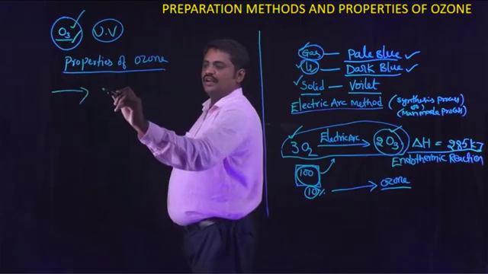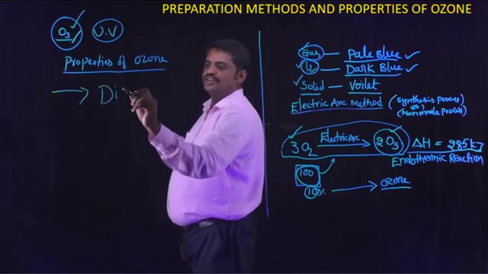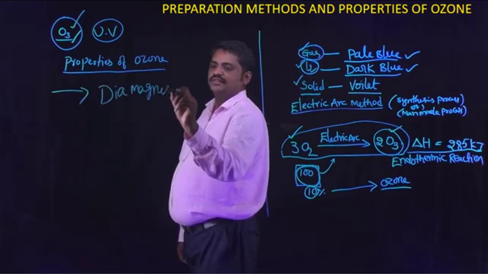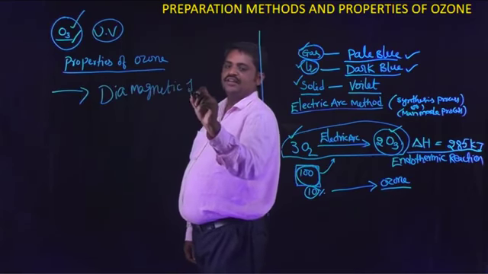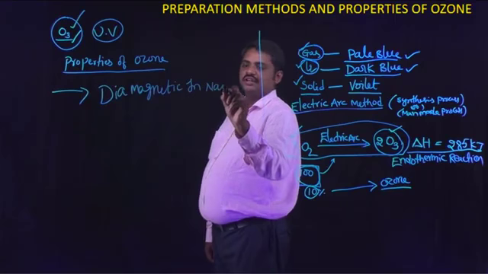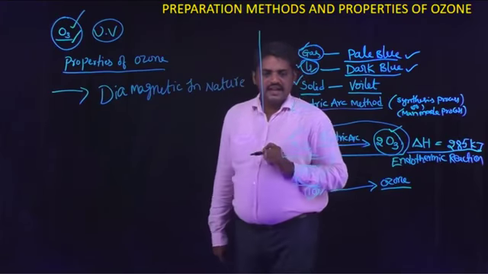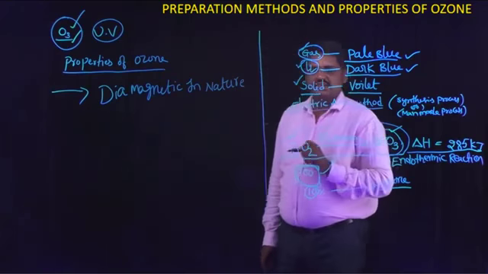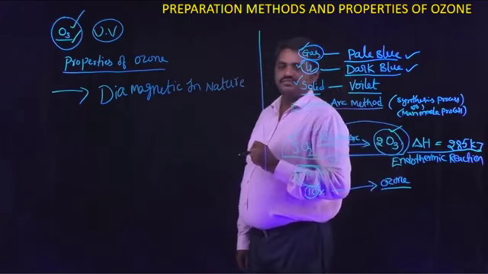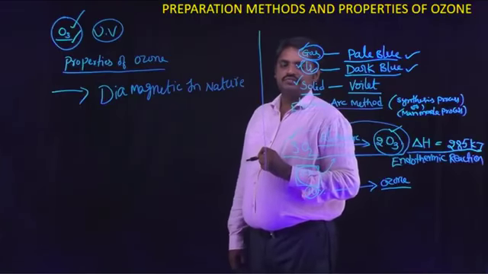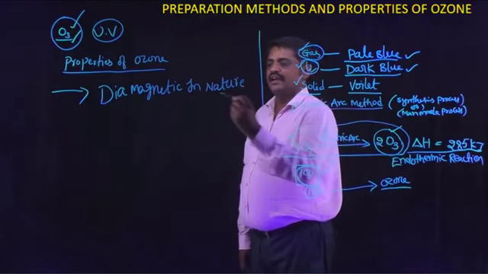The ozone molecule exhibits diamagnetic nature. But dioxygen exhibits paramagnetic nature, whereas trioxygen, like the ozone molecule, exhibits diamagnetic nature.